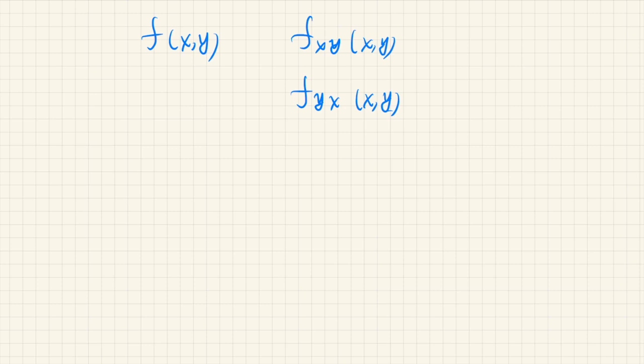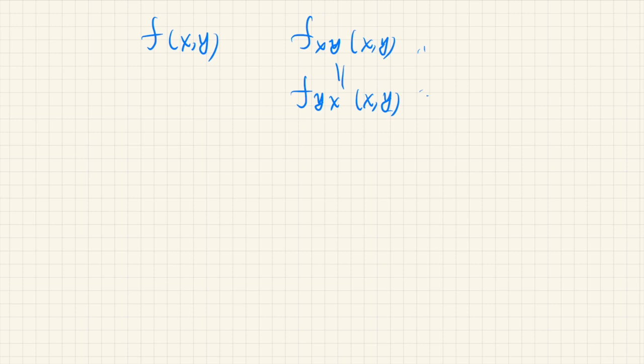Next, we consider even higher order derivatives. For example, if we have a function f of x and y, and suppose this function has second derivatives, such as fxy or fyx. Of course, if these are continuous, then they are the same second derivatives.